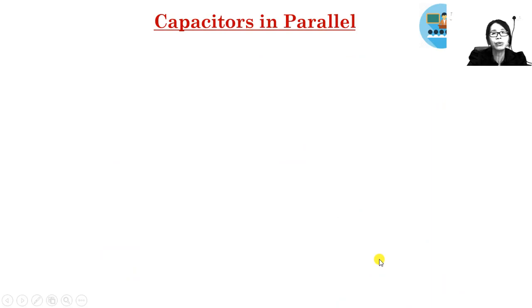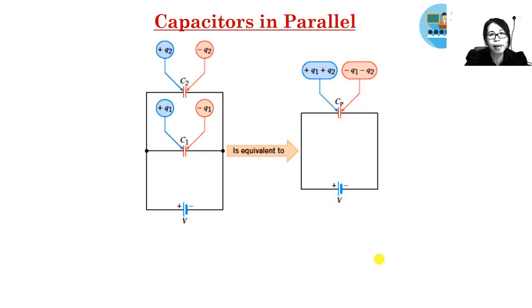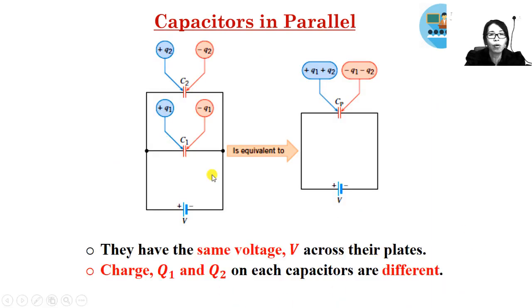Then we might also connect our capacitors in parallel. For capacitors connected in parallel, they are going to have the same voltage V across their plates. The charges Q1 and Q2 on each capacitor will be different. Why? Because the charge will be separated into two paths.